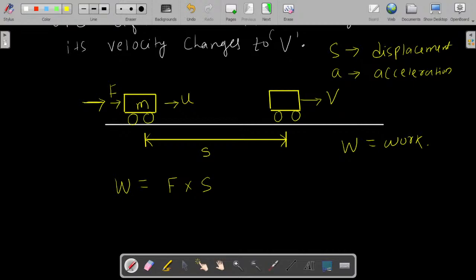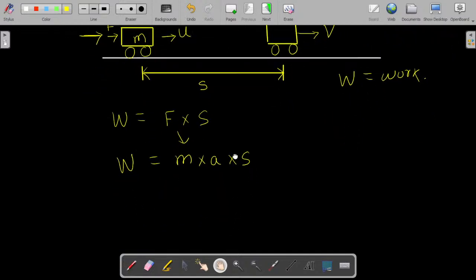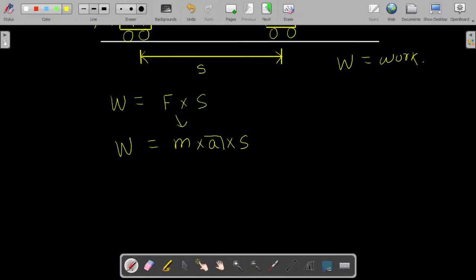Now you know the work formula, and force is equal to ma. This you learn in the chapter force and laws of motion. So work is ma into displacement s. Now you have to put the value of a. You know v square minus u square is equal to 2as, so a will be v square minus u square upon 2s.